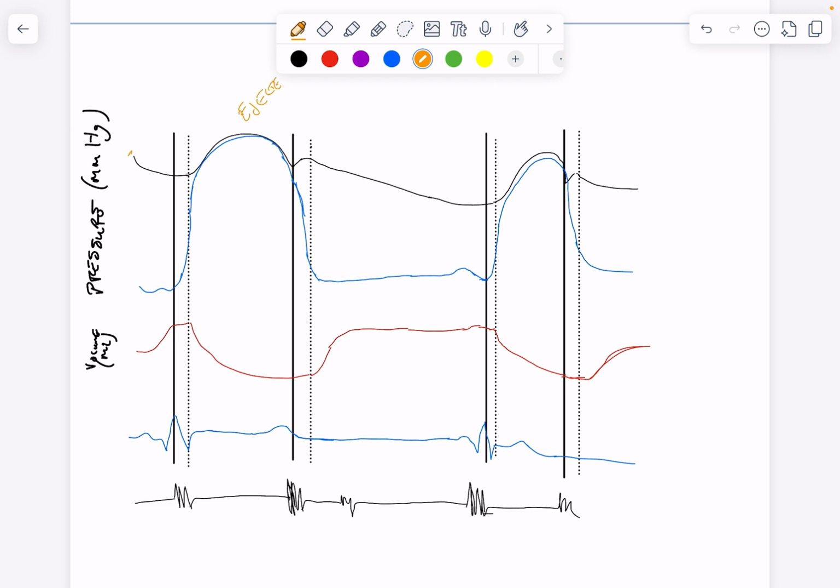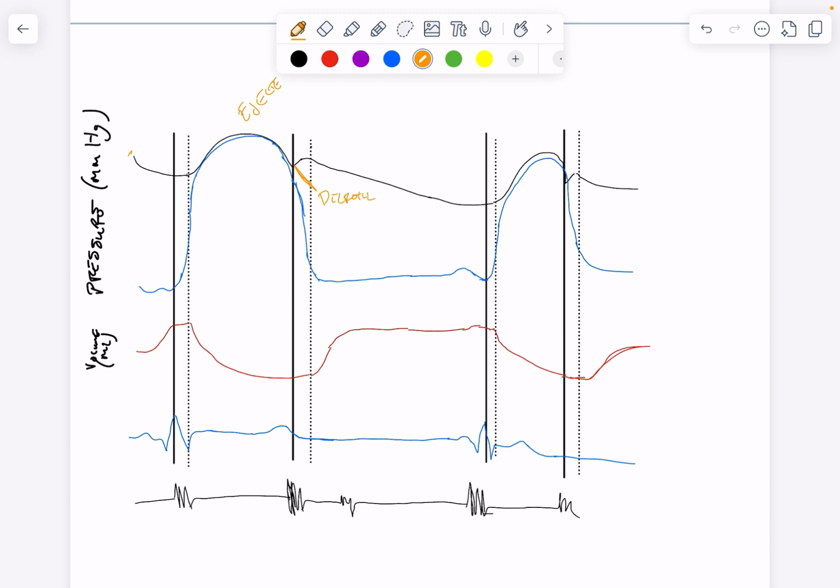And then there's going to be an isovolumic relaxation, which means the heart is no longer contracting and the volume is not changing. And then right here is where we have the dicrotic notch. At the dicrotic notch, that's actually when the AV valve is closing.